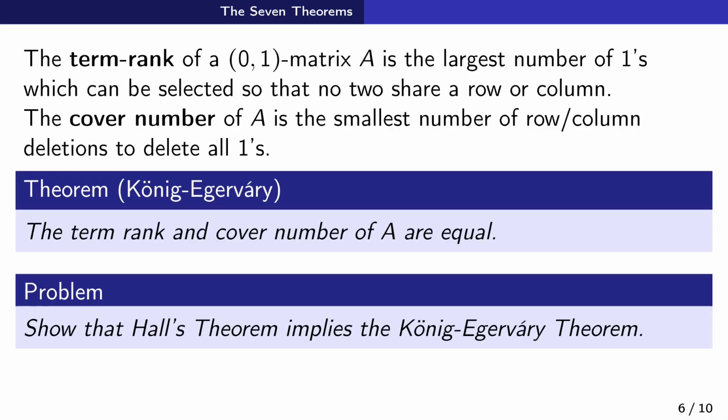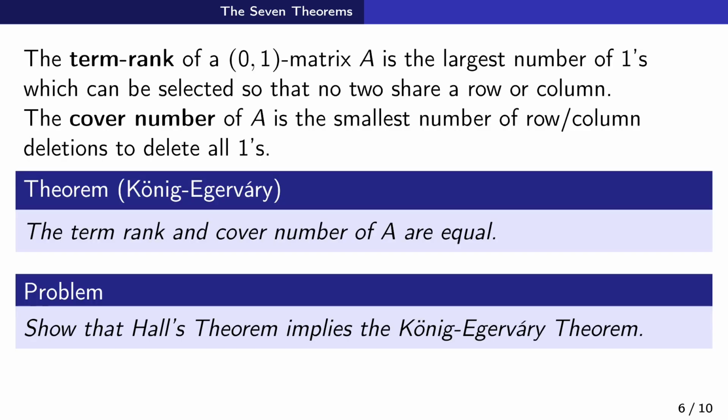This is something about 0, 1 valued matrices and how the distribution of ones in them looks. The term rank of a 0, 1 matrix is the biggest number of ones that I can circle, so that any time I circle 2 ones, they're not in the same column and they're not in the same row.